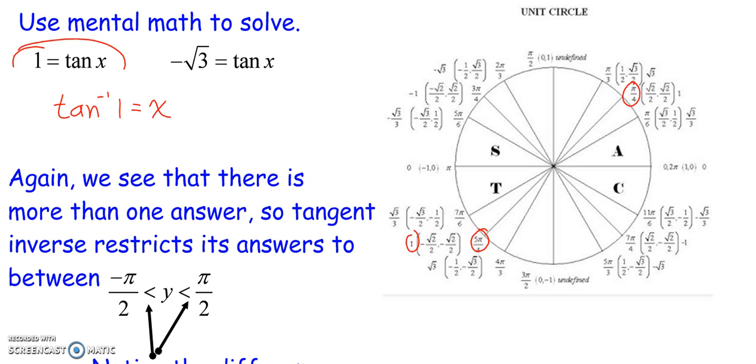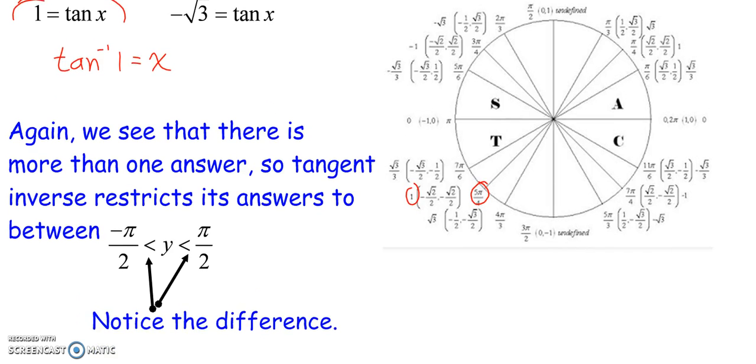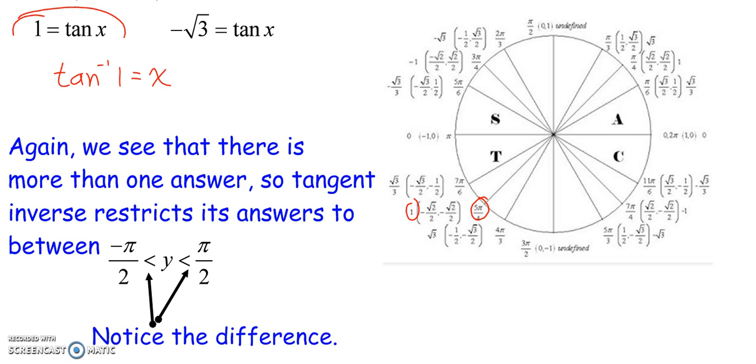Well, similar to sine, our tangent answers fall in between our asymptotes. So the easiest way to say our tangent inverse answers, yes, I know this is undefined. You can't technically have an answer of undefined, but you could have anything from negative infinity all the way over to this is an answer for tangent, to this is an answer for tangent.